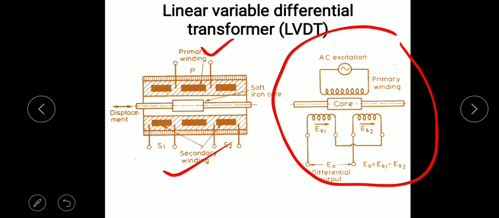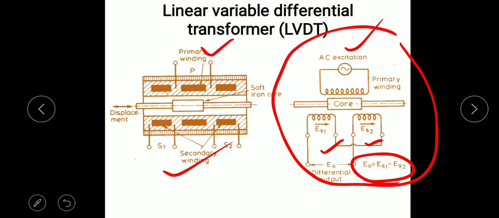When the core moves left or right, that will produce an excitation due to mutual induction at the secondary coils as ES1 and ES2, and the AC excitation or input energy is given at the primary winding. We have an equation that ES1 minus ES2 equals E naught.